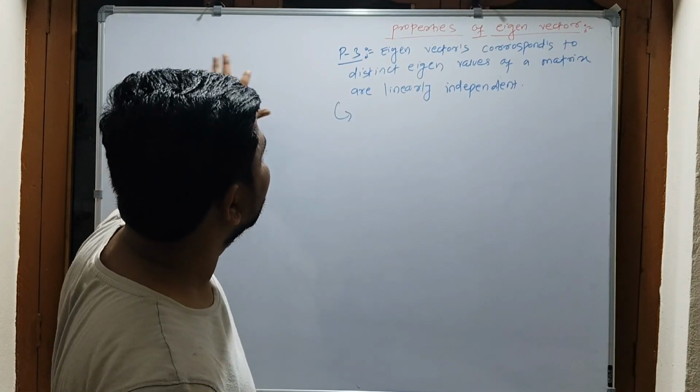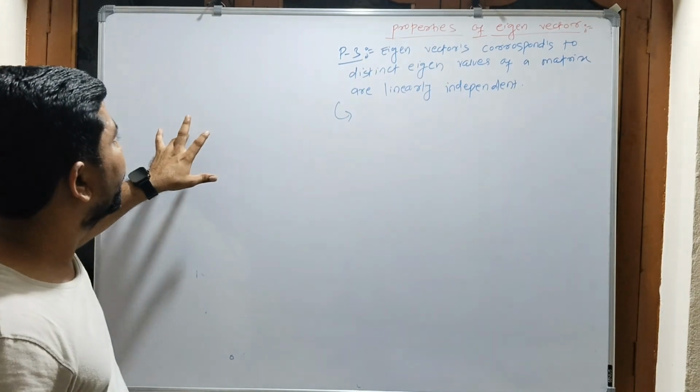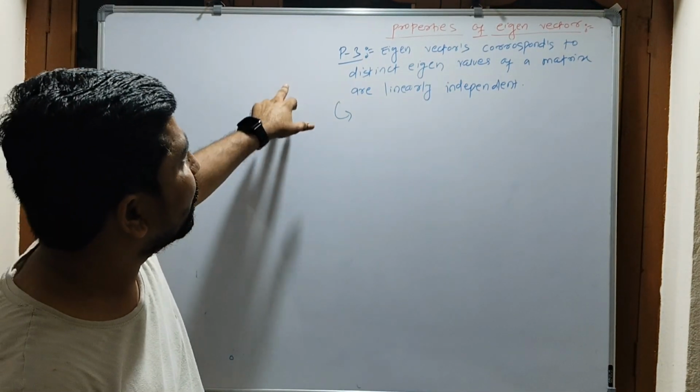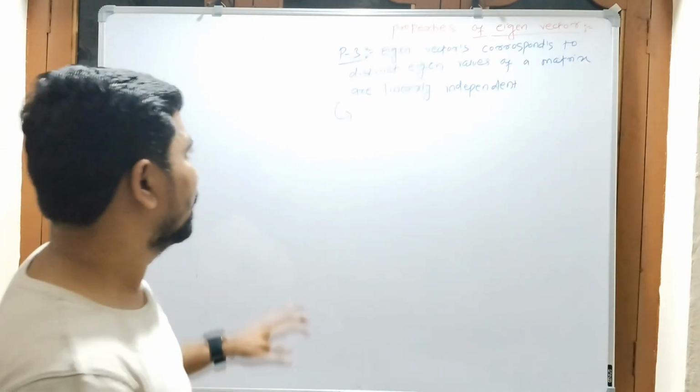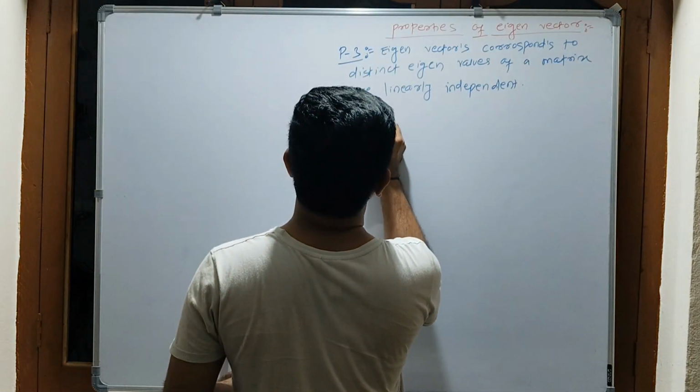So v1 corresponds to lambda 1, v2 corresponds to lambda 2, and lambda 1 and lambda 2 are not equal. I want to show v1 and v2 are linearly independent.